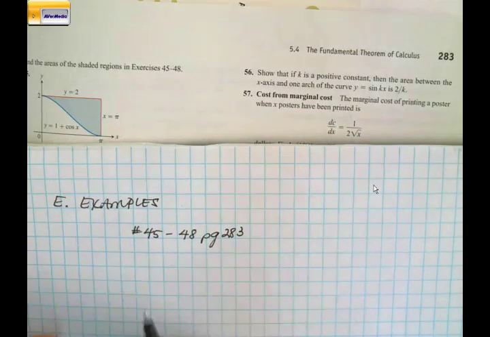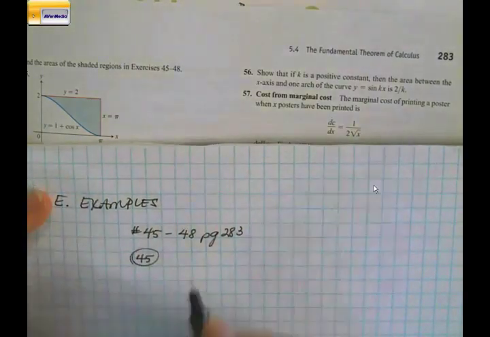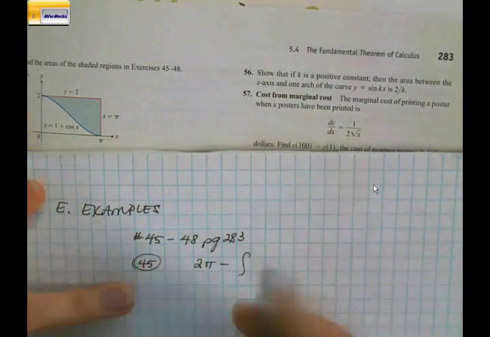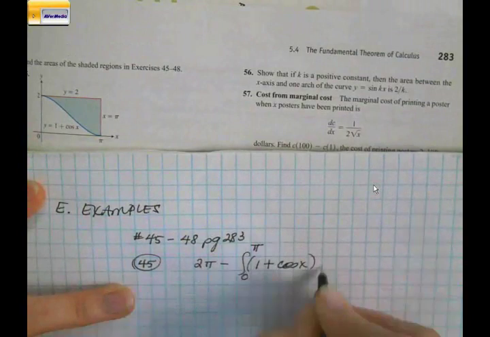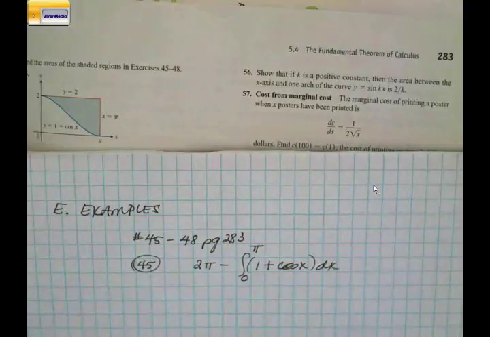Is the answer set up for number 45, the blue area, 2 pi minus the integral of 0 to pi of 1 plus cosine x dx? Look at that. Is that right? Where did I get 2 pi?